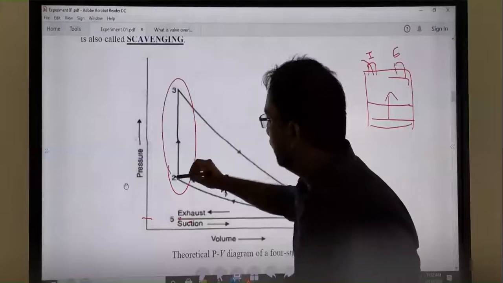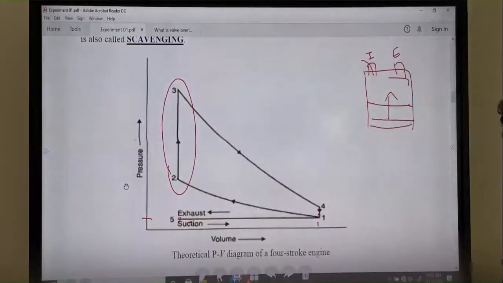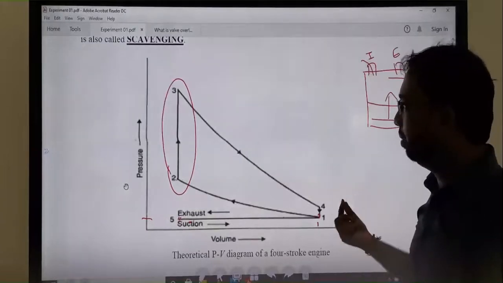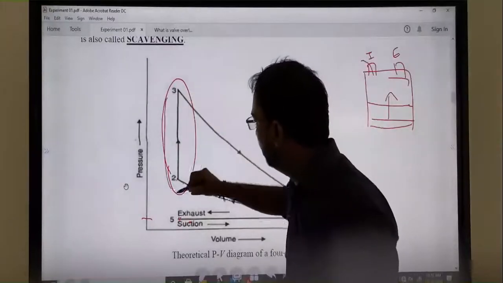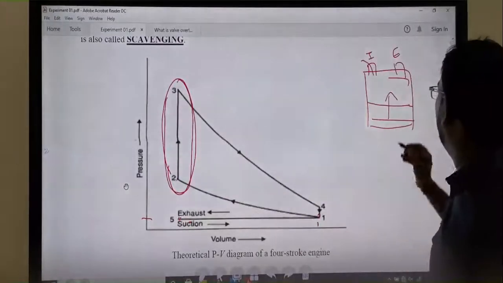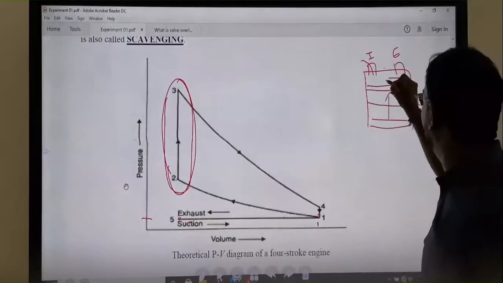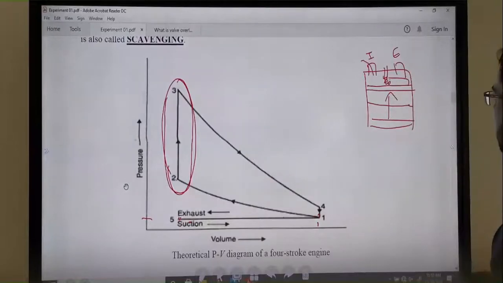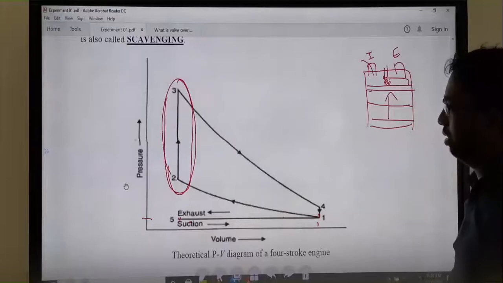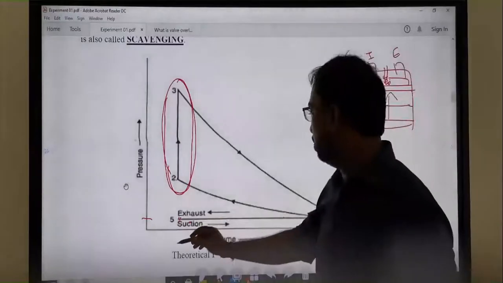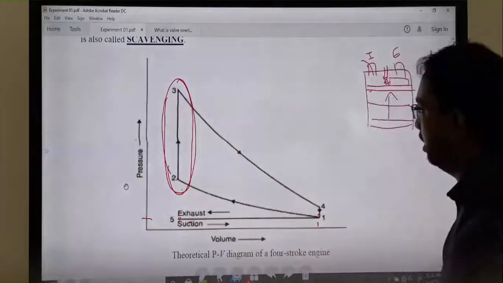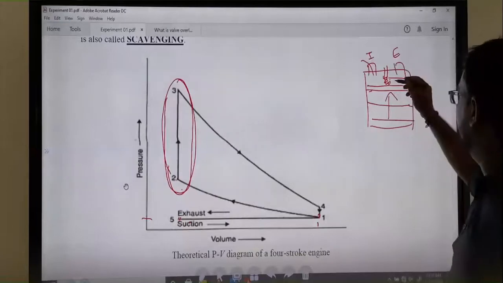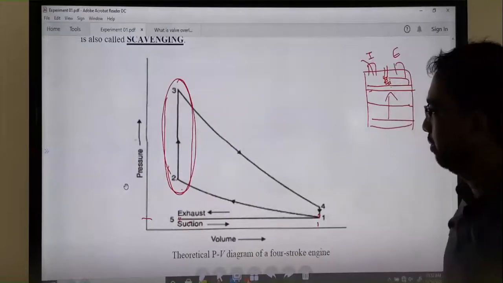The next area, 2 to 3, is totally linked with the ignition process. This occurs when the piston comes a little before TDC and the ignition sparks. At that time there is no movement of the piston, so the volume of the air mixture does not change. At the same time there is a huge pressure increase because of this ignition.